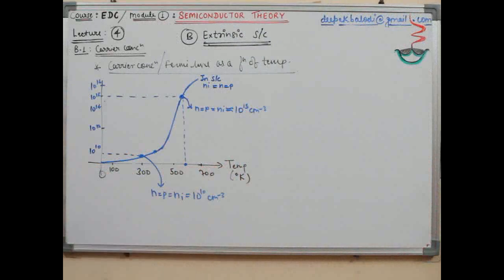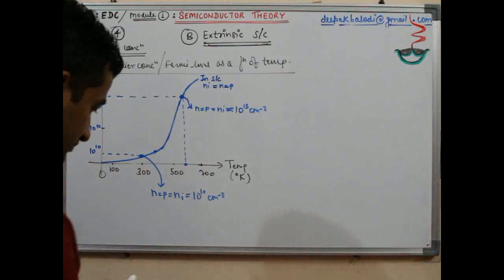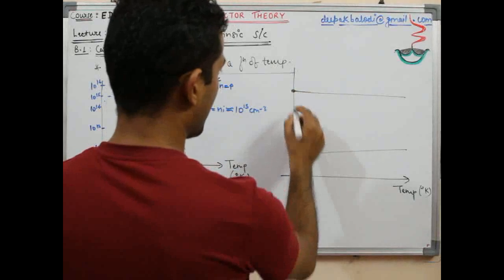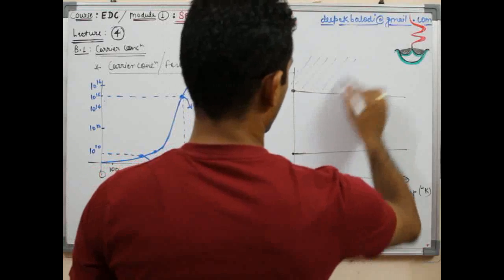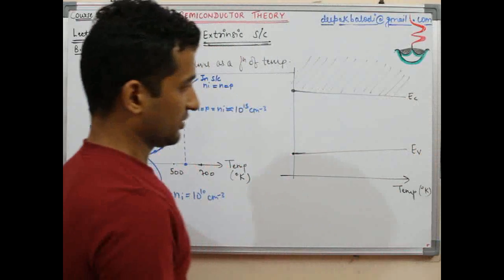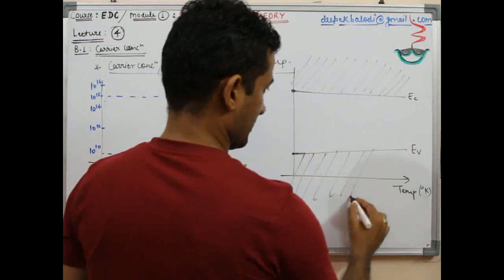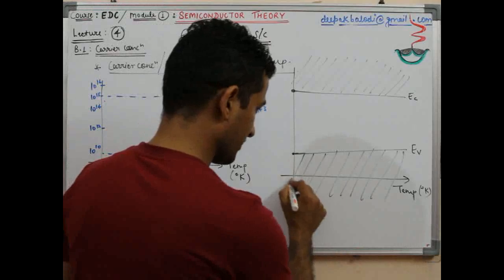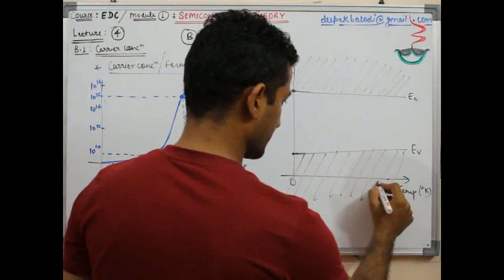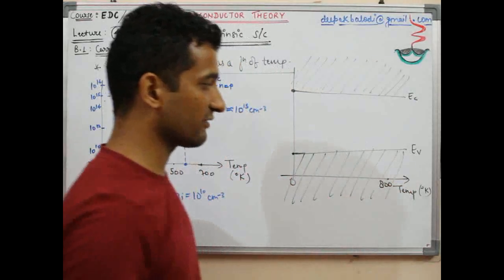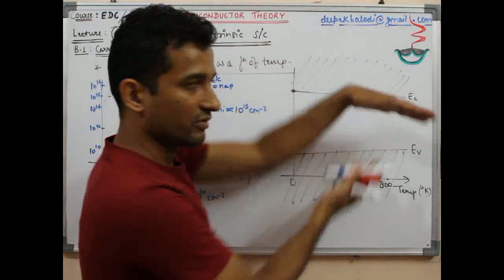But on top of that, if we try to show the extrinsic, let us draw the Fermi level also. This is the band gap, and this is the conduction band edge. This is EC, this is EV. You can see that the band gap is also a weak function of temperature. If we vary from here to, let's say, 600 or 700, we call it 800 degree Kelvin, then we know that the band gap also reduces slightly.